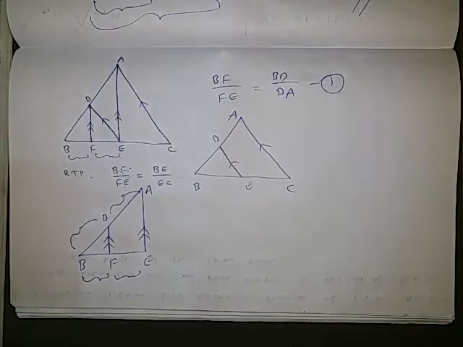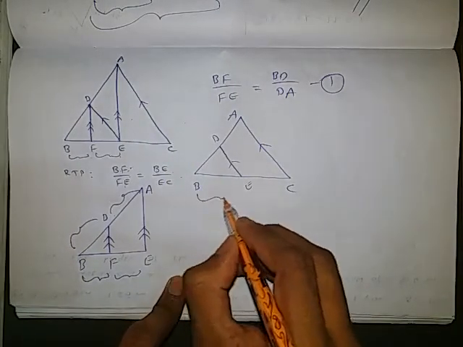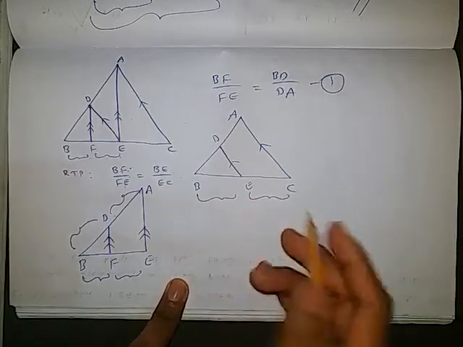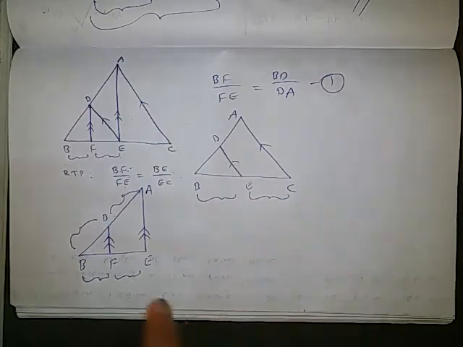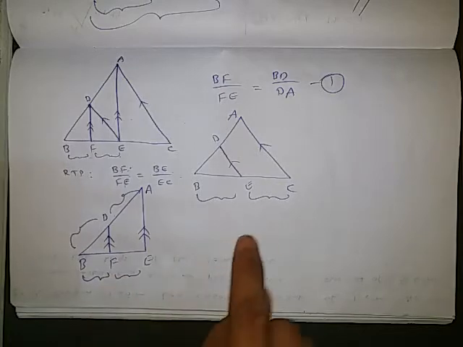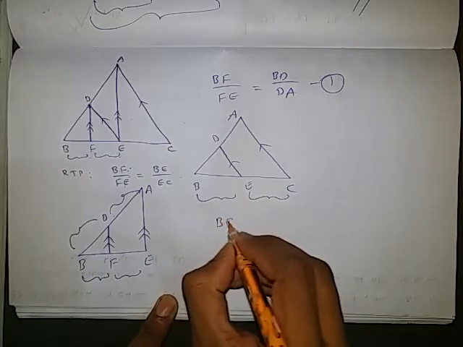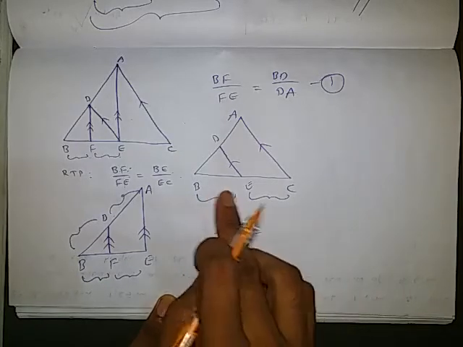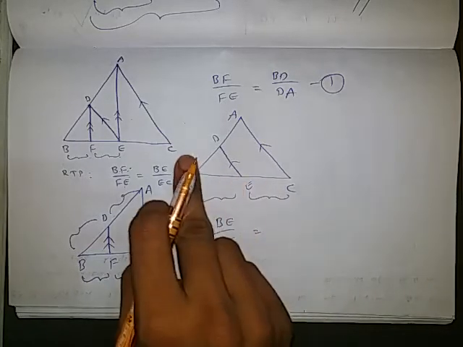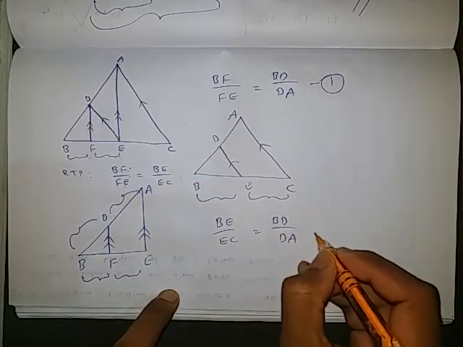So now BE by EC, it means this is BE and this is EC. So upper one by lower one I will apply again, because in the first figure also I applied upper one by lower one only. So compulsorily I need to apply upper one by lower one here also. So that is BE by EC, upper one by lower one is equal to, here also upper one by lower one, that is BD by DA.